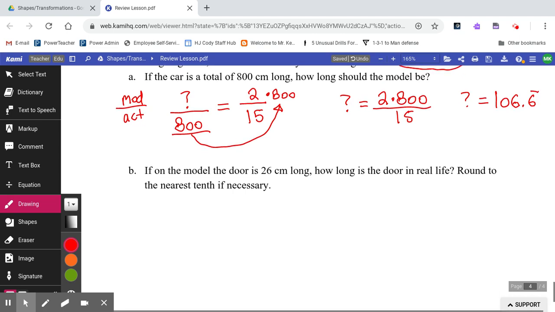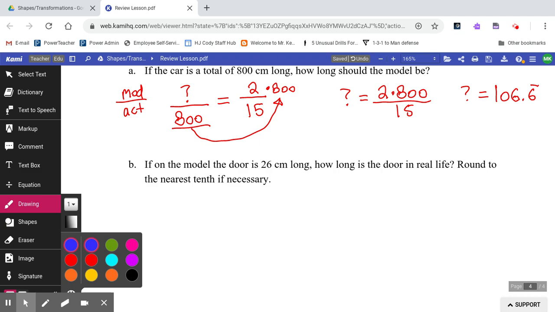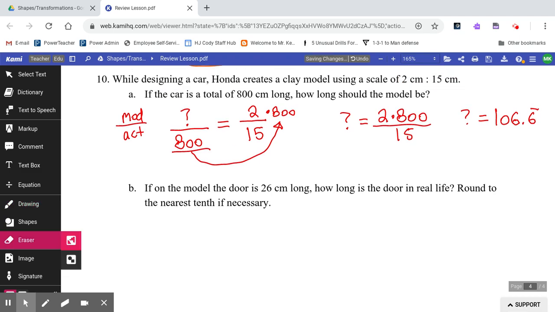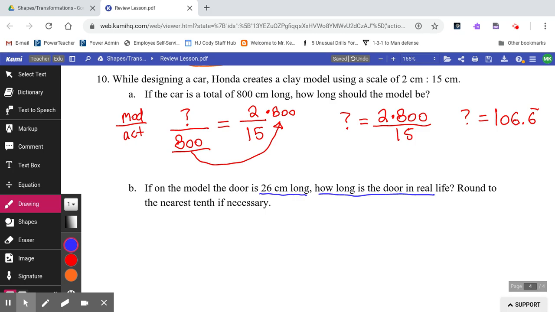Wonderful. Part B. If I was to do part B, first thing I do is I set up my fraction. So it says, if on the model the door is 26 centimeters long, how long is the door in real life? So I'm looking for the real life. I divide it by my model. So this is actual divided by model.